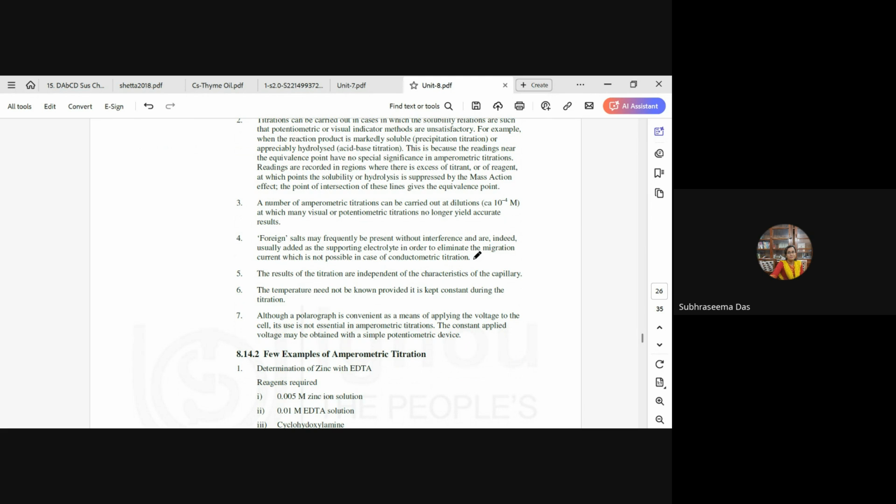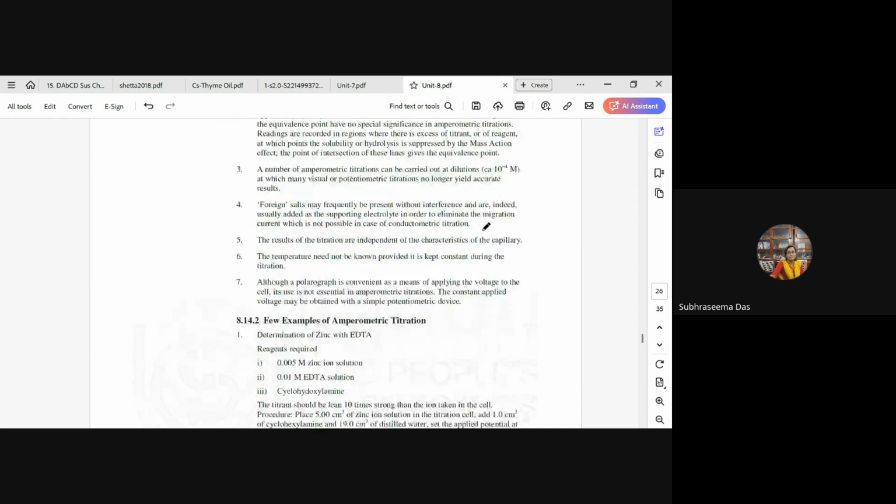Foreign salts which may be present interfere, and they are added as supporting electrolyte in order to eliminate the migration current, which is not possible in conductometric titration. The results of the titration are independent of the characteristics of the capillary. The temperature need not be known, provided it is kept constant during the titration.